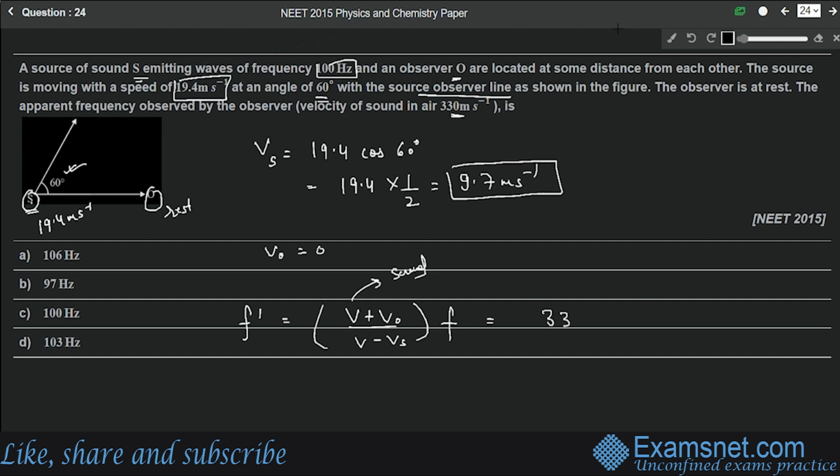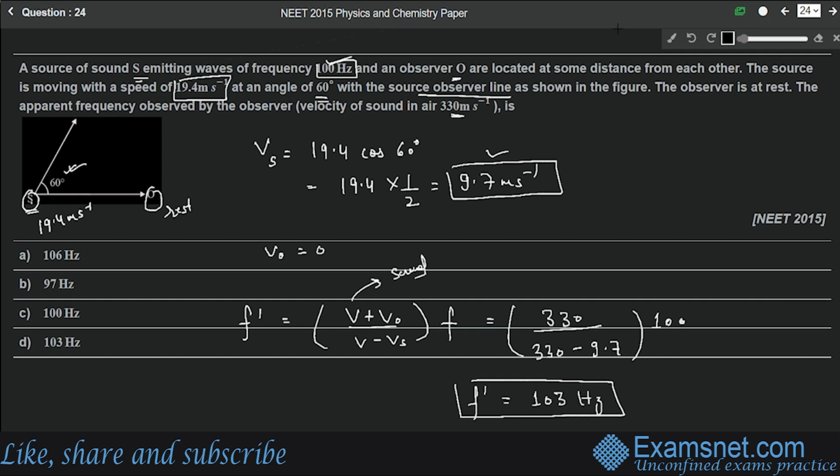So 330, and Vo, that means speed of the observer, is 0, so we can just skip that, upon V minus Vs. So 330 minus Vs, which is 9.7, multiplied by the frequency that is given here. So frequency was 100 Hertz, right? Into 100. If you solve it, you'll get 103 Hertz. This will be the apparent frequency that will be observed by the observer. So option D will be the correct answer.